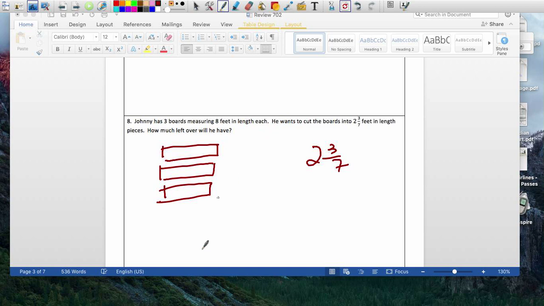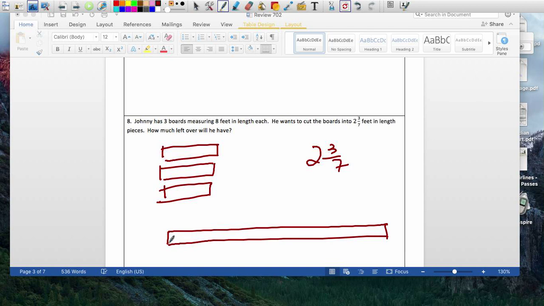Okay, because you can't assume that he has one long board, which would be 24 feet, right? But this one you can cut, and cut and cut because it's continuous. Whereas here, you have to be careful. So how many times can this go in here would be the question, right?